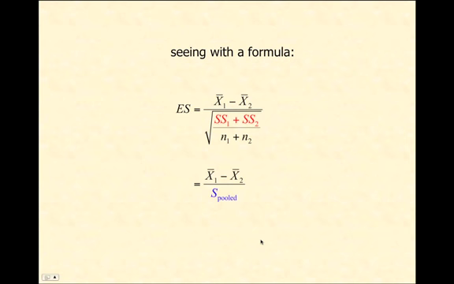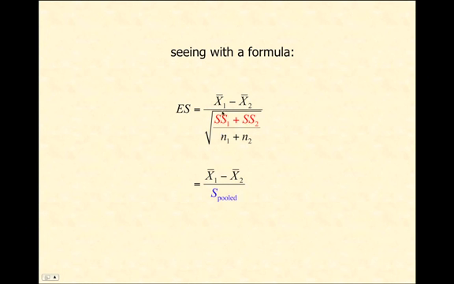We can also think of this in terms of an effect size formula. Effect size is the mean of our first distribution minus the mean of our second distribution, divided by the sums of squares from our first distribution plus the sums of squares from our second distribution. That in turn is divided by the n of our first distribution plus the n of our second distribution. And we then take the square root of that.